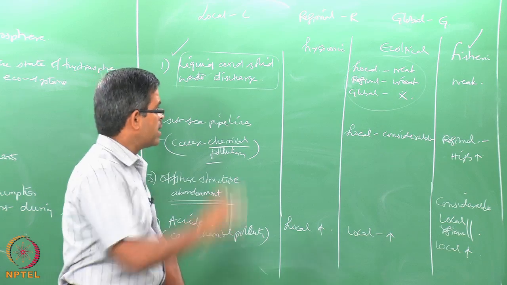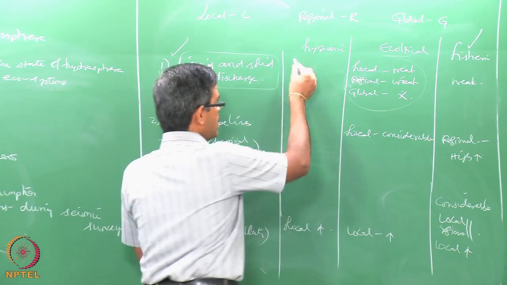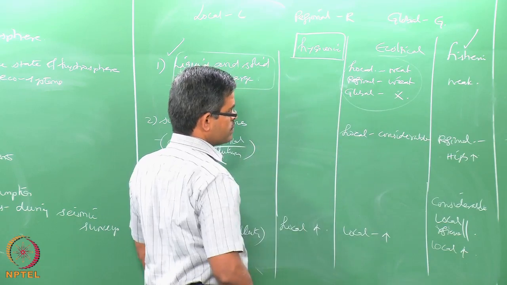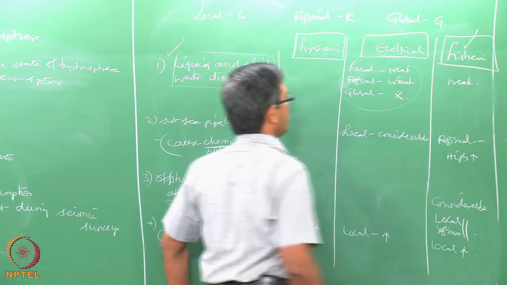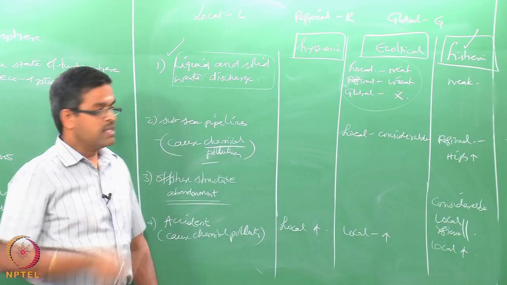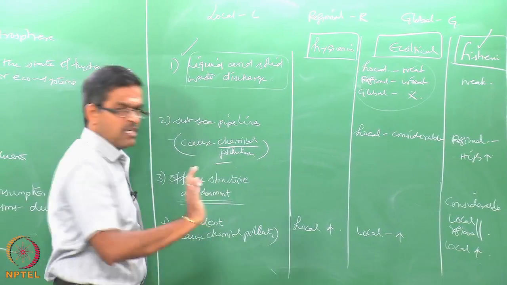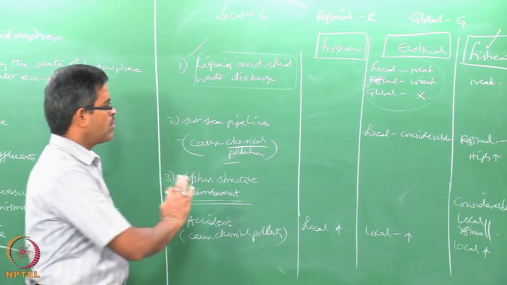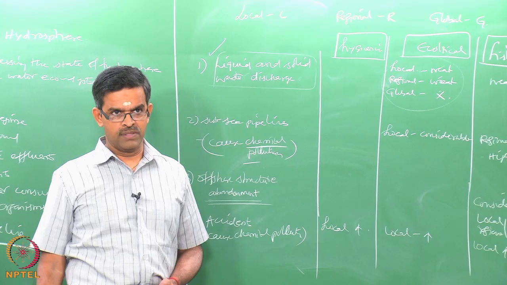We understood their effect on 3 different levels, that is in hygienic perspective, in ecological perspective, in fisheries perspective, where we have summarized that these are the impacts caused by these activities which essentially arise only from oil and gas exploration or hydrocarbon production systems.